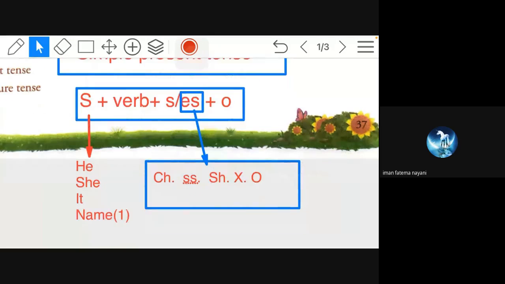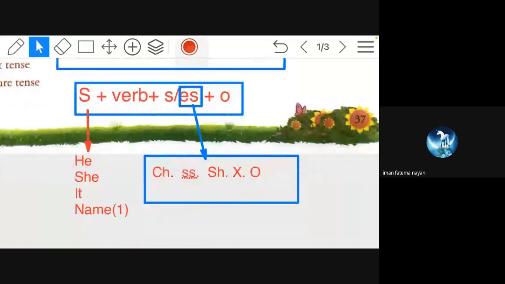So, students, first we have to check whether there is he, she, it, or anyone's name in the subject part. That means any singular is there in the subject part. Only then we have to add s or es. If there is a plural, we have to keep the verb as it is. Now, if there is singular in the subject part, then we have to see what the verb is.